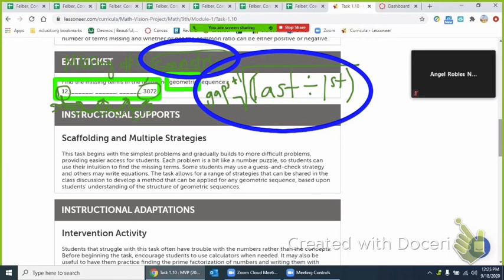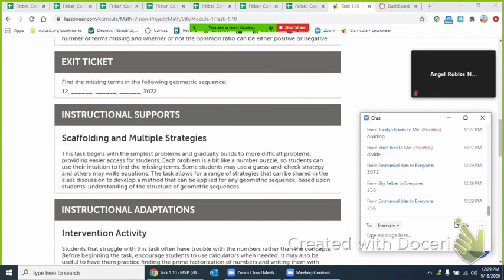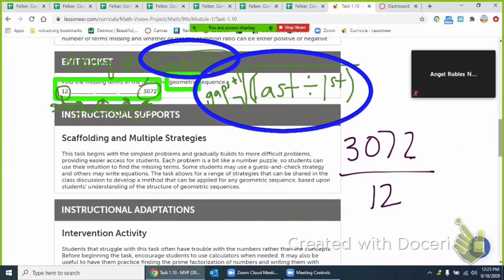Divide 3072 by the first number, which is 12. Obviously, calculator. I'll do it with you. 3072 divided by 12 is 256. Good.